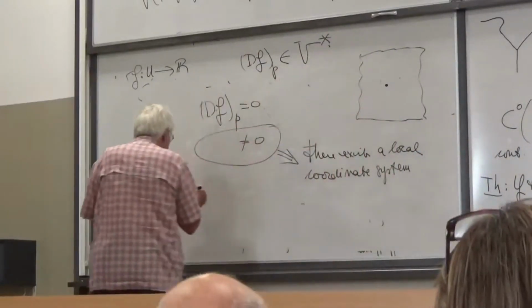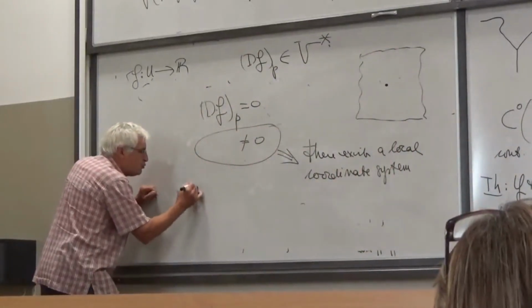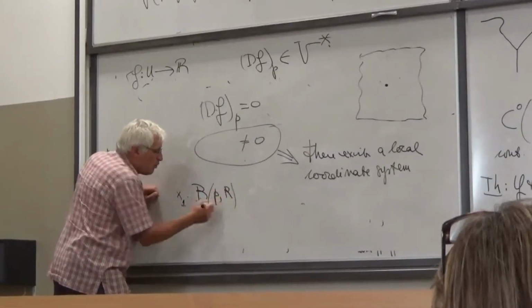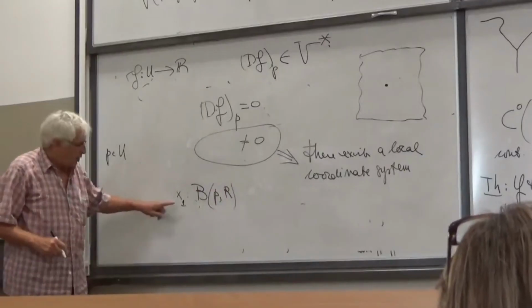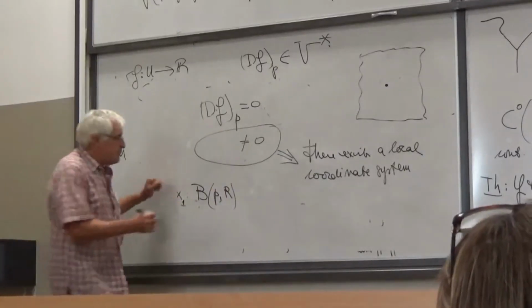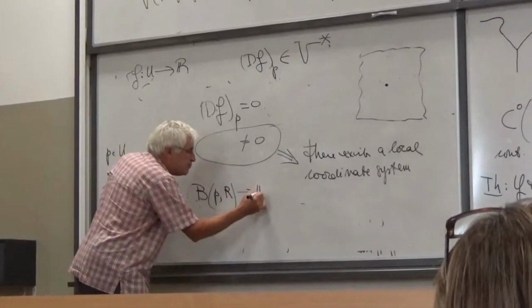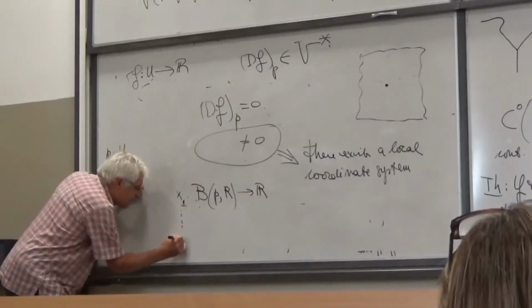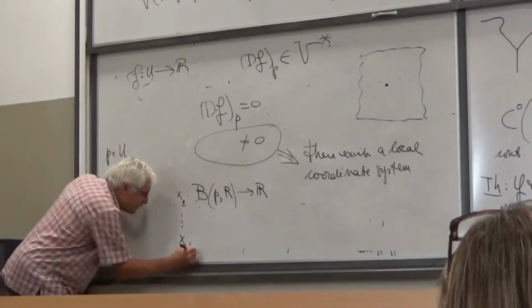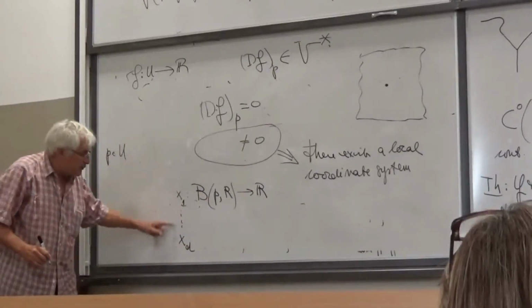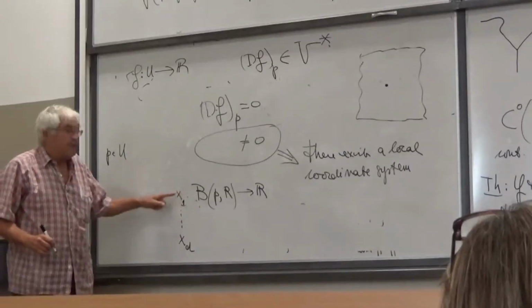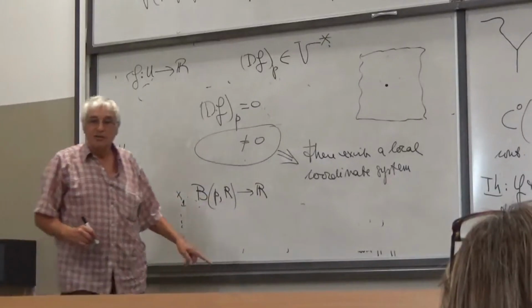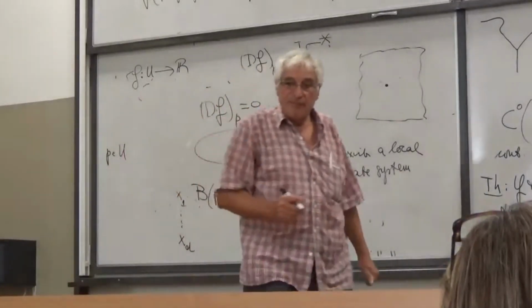A coordinate is a map. We do local, so we work in a small ball around our point. It is a map to the real numbers, and we have several of those maps, as many as the dimension of the vector space. The quality of those maps is that if you know their values, you know where you are in your ball. It's a coordinate system.